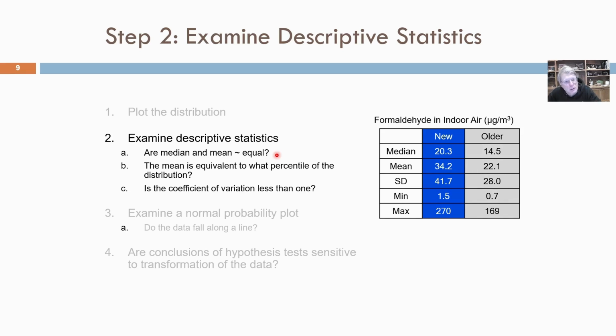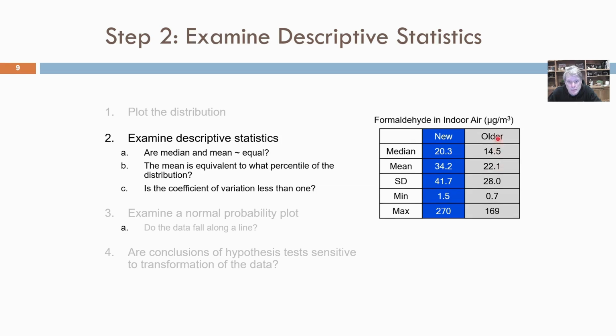But when the median and the mean are not equal, it starts to tell you some other characteristics of the data. So let's look at the table here on the right. For the newer homes, the median concentration was 20 microgram per cubic meter, and the mean was 34, nearly 1.75 times larger than the median.